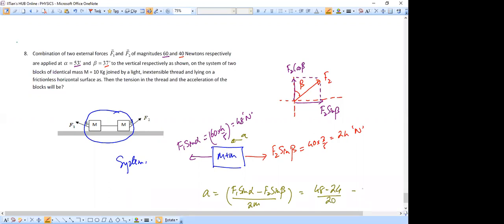So 12 by 20, so 0.6 meters per second square. Oh, sorry, 24 by 20. My mistake. So it will be 1.2 meters per second square.